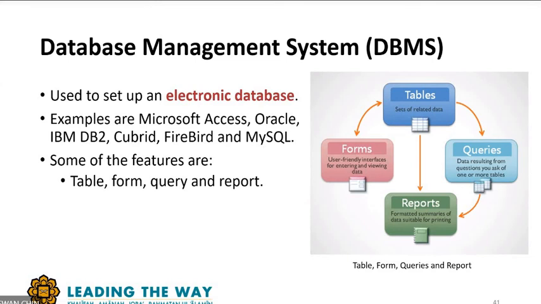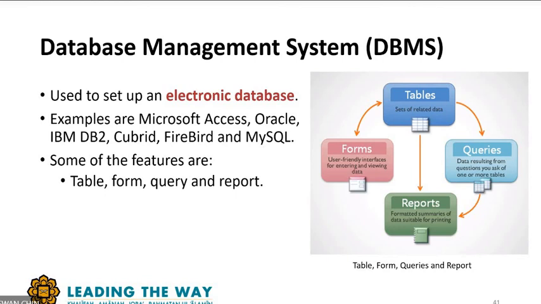Okay, after your information is stored into a table, you want to sort the data or filter the data for certain requirements only. We call it a query. You query only for certain kinds of data or behavior.